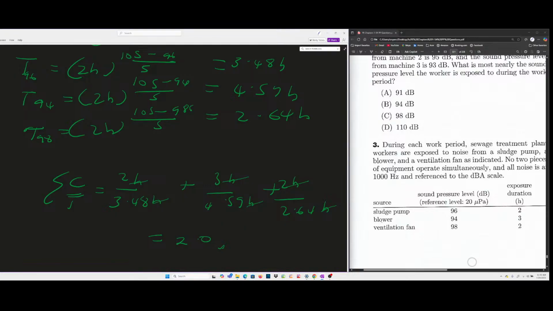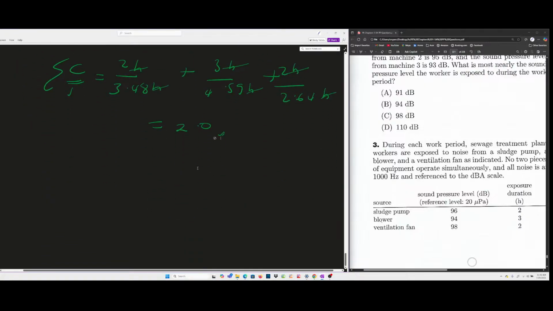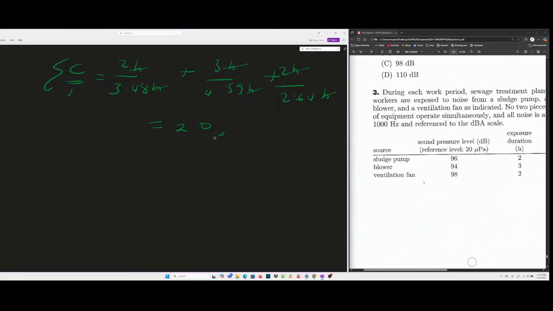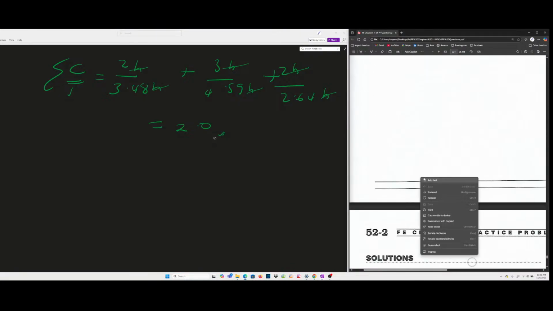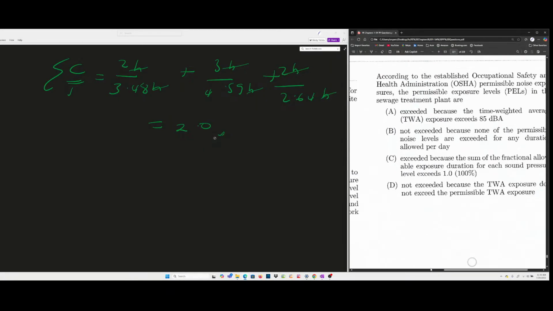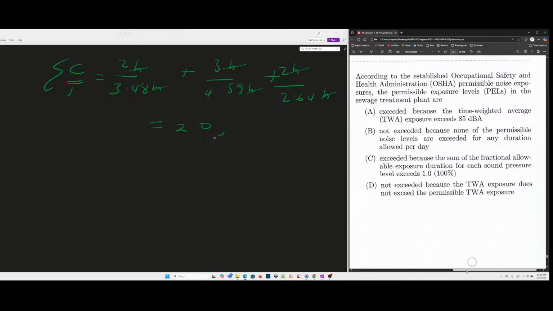Our total is 2, so we're looking for the option where the summation being greater than 1 applies. Let's look at the options. Exceeded because the time weighted average, TWA, exceeds 85? No, that's not true.